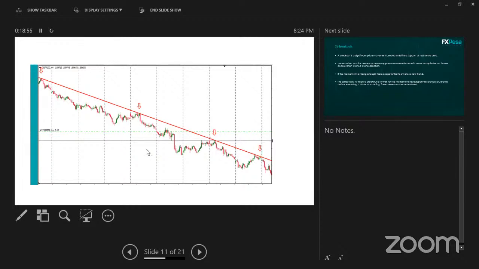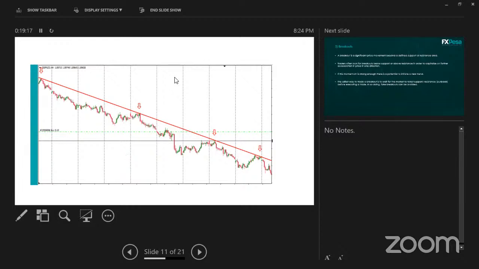You're not going to sit on your hands. You're not going to just watch. You're going to at least go through the market and see what happens when the market does not respect the trend line or the resistance and the support area.